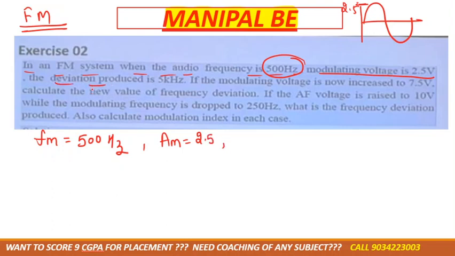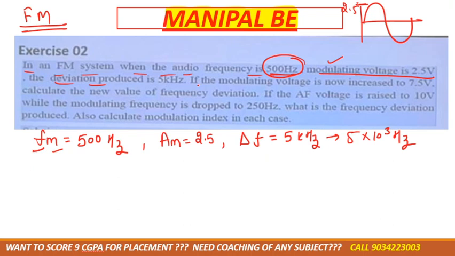The deviation produced is 5 kilohertz, meaning the change in frequency is 5 kilohertz, so it would be 5 into 10 raised to power 3 hertz. Understood? They have given the modulating frequency, and the modulating voltage means the amplitude.